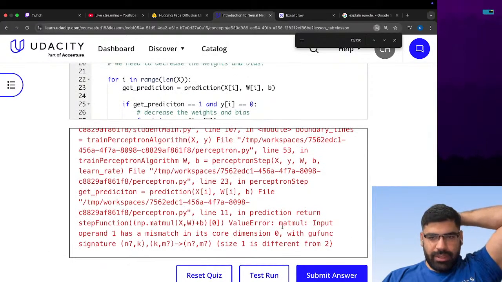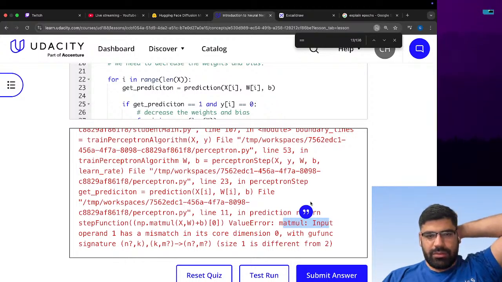Okay, value error: input operand 1 has a mismatch in its core dimension 0.